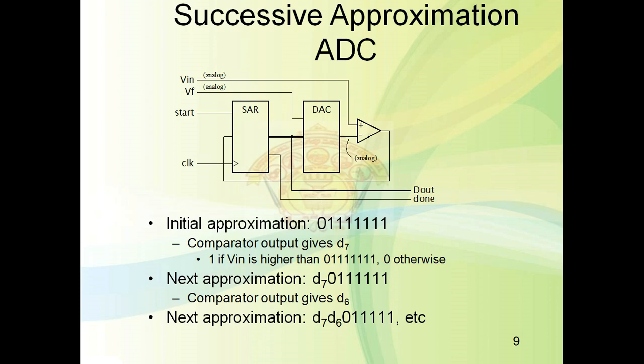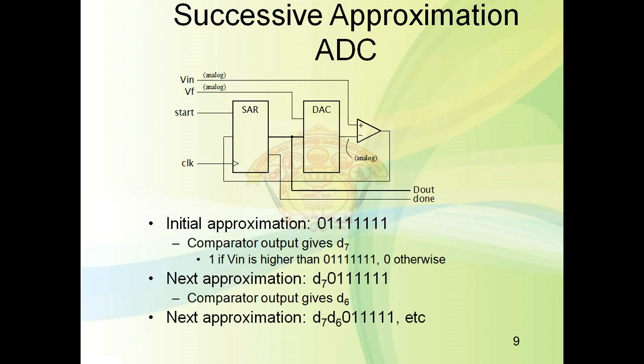Okay, but the advantage of the successive approximation ADC over the flash type ADC is that it requires significantly fewer analog components. Just one comparator, one DAC and one SAR will be required. Another disadvantage of the successive approximation ADC is that we require some components in the SAR, the successive approximation register.